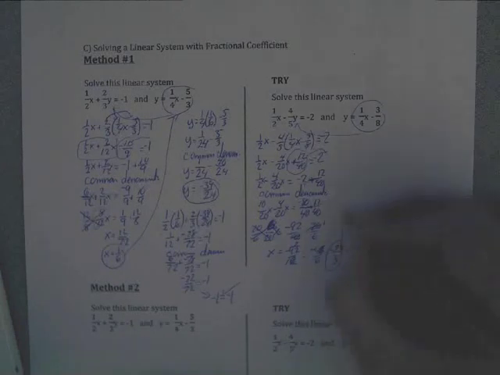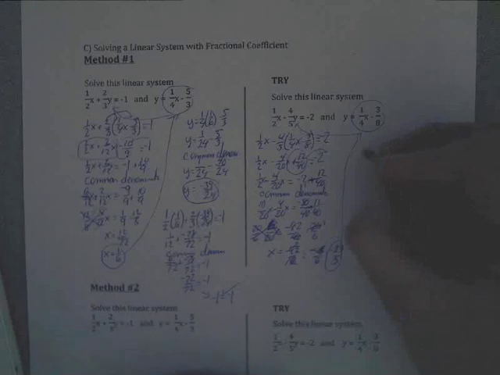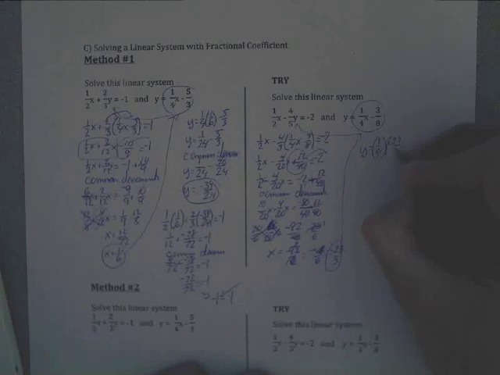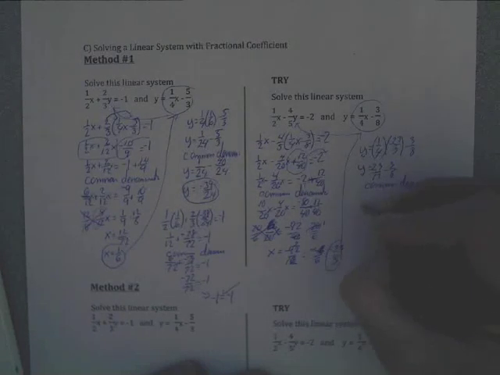So take that, throw it in this equation, so y is equal to 1 over 4 times negative 23 over 3, minus 3 over 8. y is equal to negative 23 over 12 minus 3 over 8. Need a common denominator, which is 24.